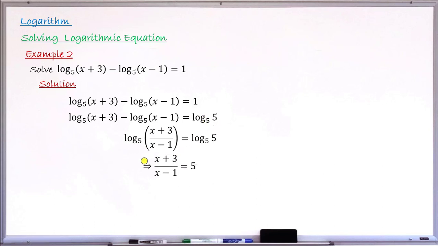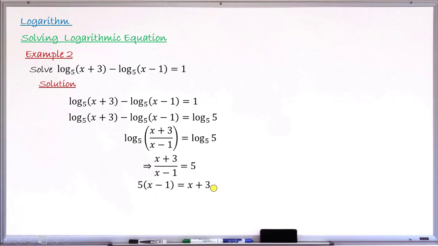So you have x plus 3 over x minus 1 equals 5. So what you now do next, you now solve this simple equation by cross multiplying. So I'm going to have 5 multiplied by x minus 1. There gives me 5 into x minus 1 equals, then x plus 3 times the 1 I have here, that gives me x plus 3.